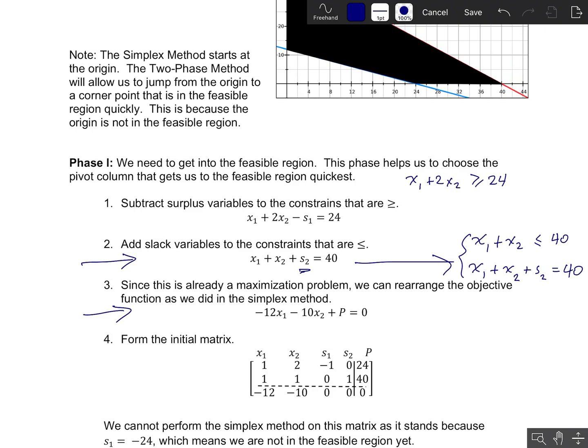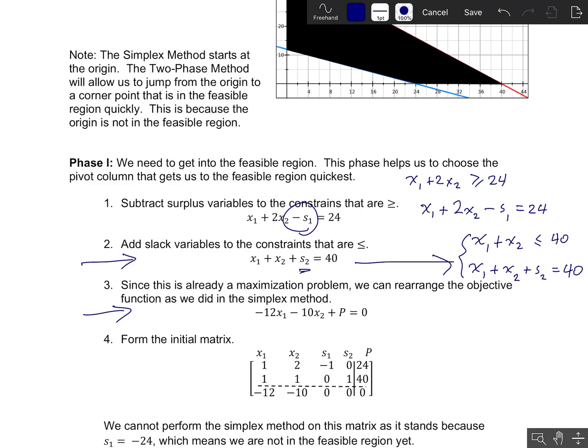And therefore, we need to take some surplus away from the left side in order to get it to balance with the right side. And for that reason, we will be subtracting a variable rather than adding one. So these are called surplus variables because we're taking away the surplus that lives on the left-hand side initially in order to get it to balance with the right-hand side, which gives us 24.